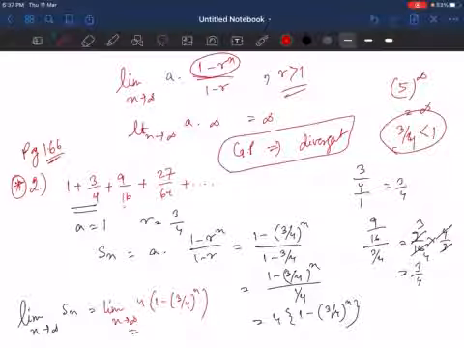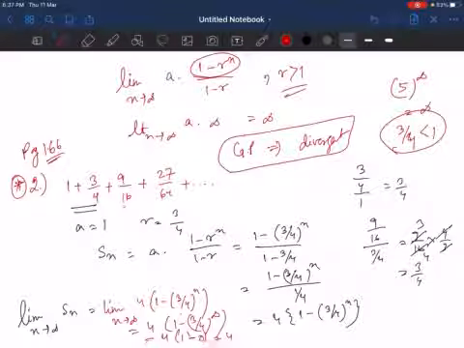So basically we have 4 into 1 minus 3 by 4 to the power infinity. And I told you, whenever the power is infinity and the base is less than 1, that will become 0. So 3 by 4 to the power infinity becomes 0. So the answer becomes 4 into 1 minus 0, that is 4.